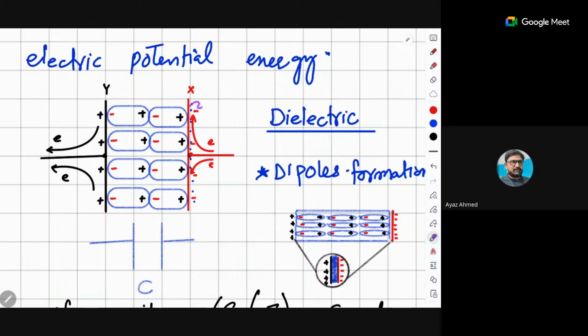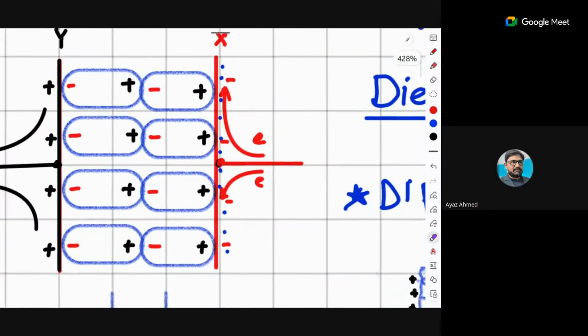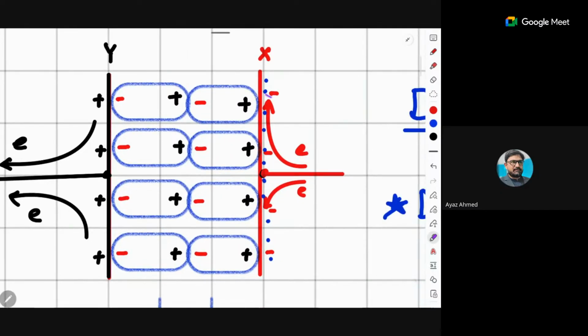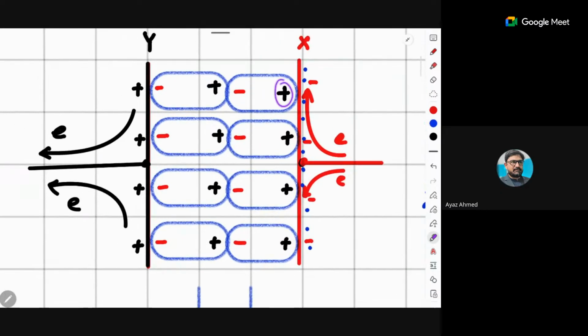That is why the electrons are accumulating on this negative plate, and the nearby insulating material, this dielectric, will have electrostatic induction. Due to that electrostatic induction, this side will have positive charge.